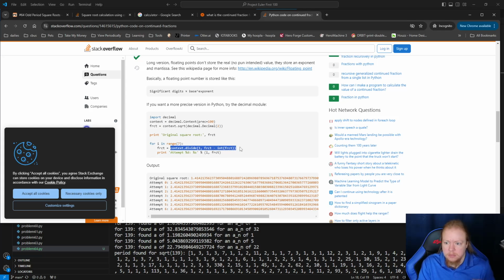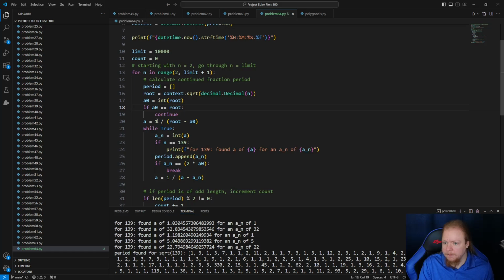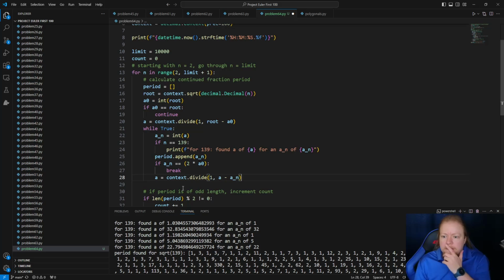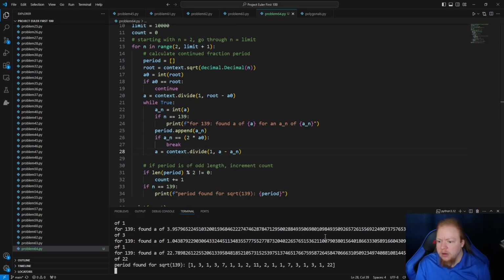And then so just kind of translating this here. There we go. Let's see if that gives us the correct answer for 139. It did. So maybe it'll give us the correct answer altogether.